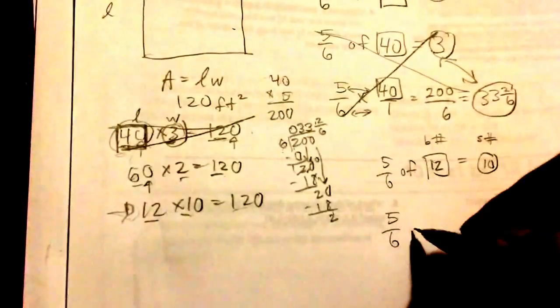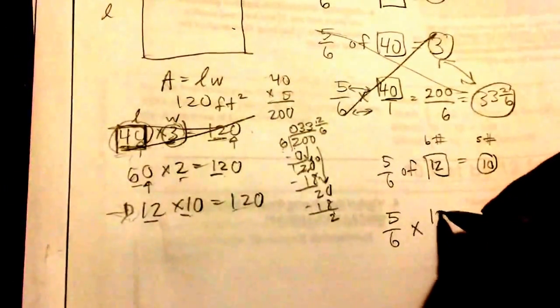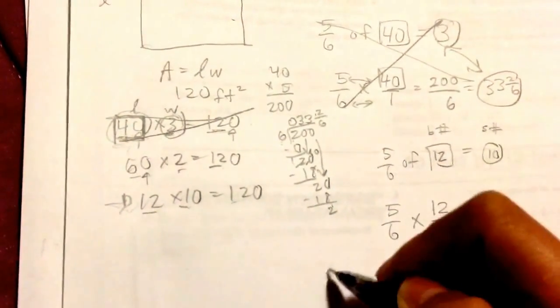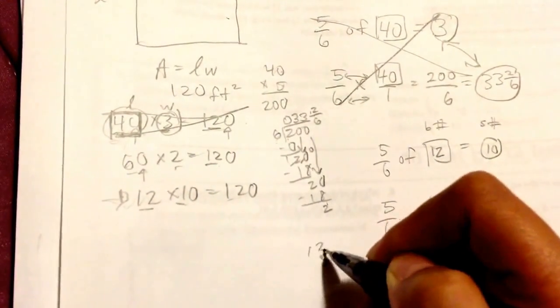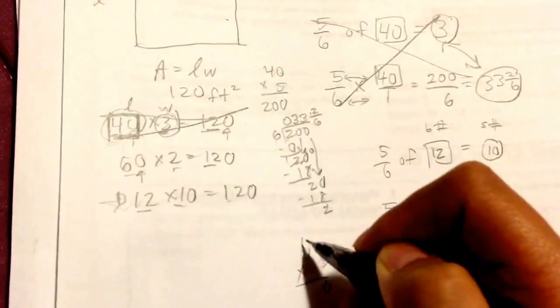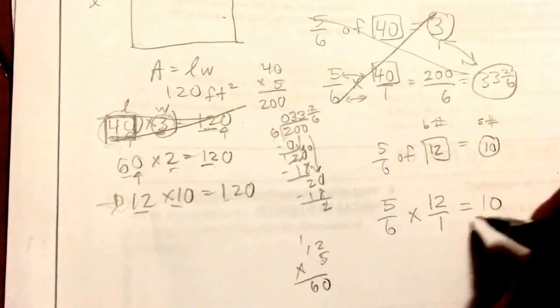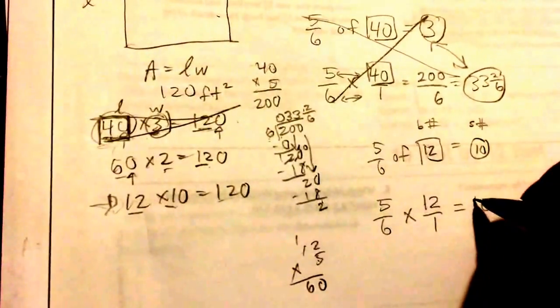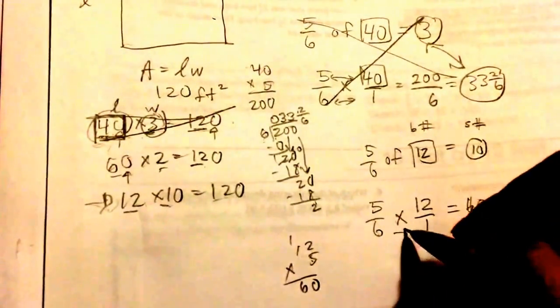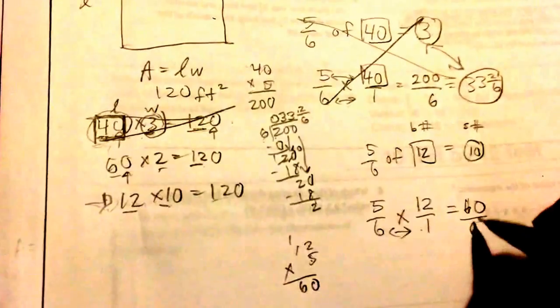5/6 of means multiply 12 over 1. 5 times 12. If you can't do that in your head, you could do it on the side. 5 times 2 is 10. Regroup. 5 times 1 is 5, plus 1 is 6. So 60 over 6 times 1, denominator times the denominator, is 6.